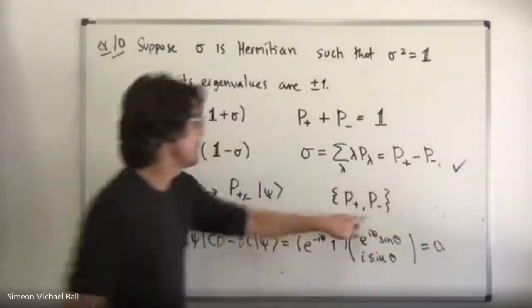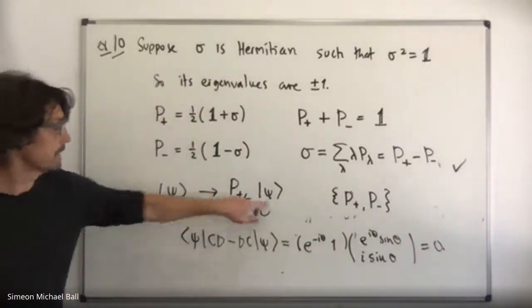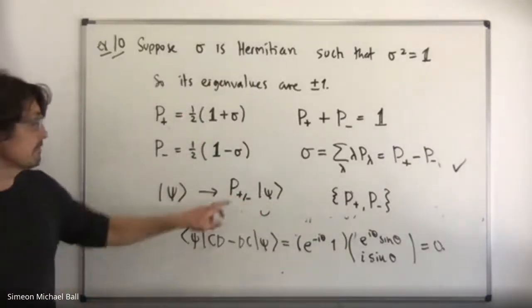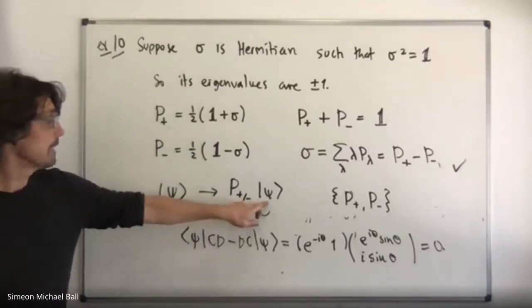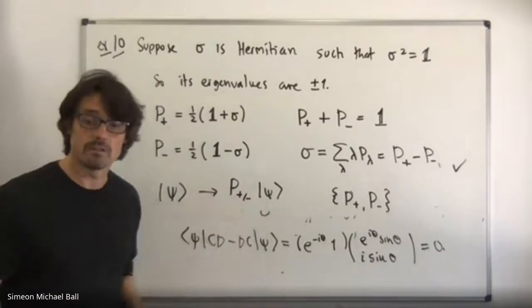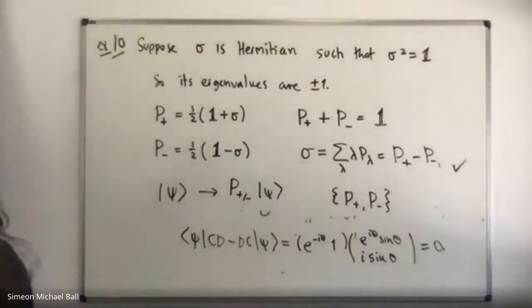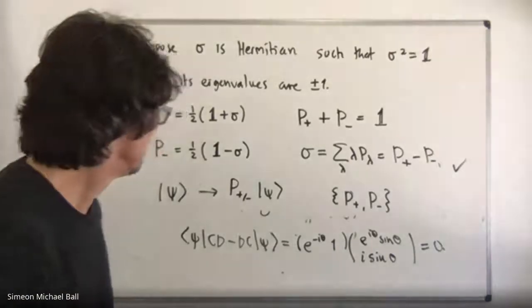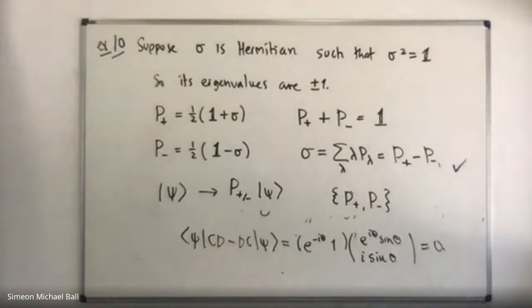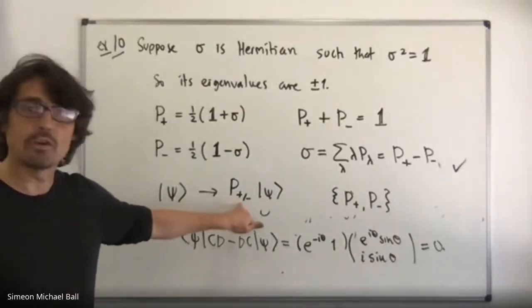So P plus, P minus, and therefore, if you get the result plus 1, then it goes on to P plus psi, and if it's minus 1, then it's P minus of psi. Okay, so that should help you a little bit to determine what to do with that exercise. So when the physicist gets the qubit, it's in one of these two states.